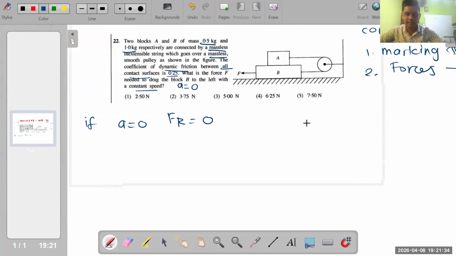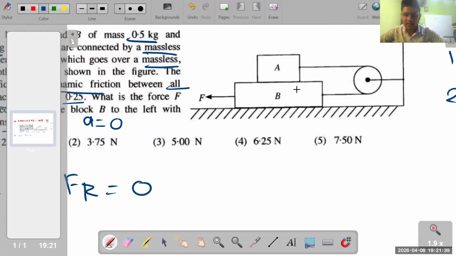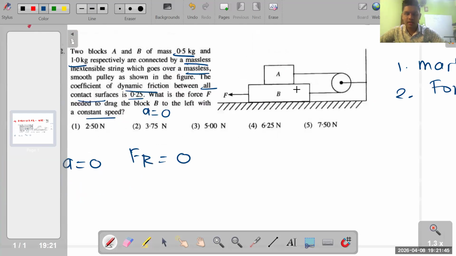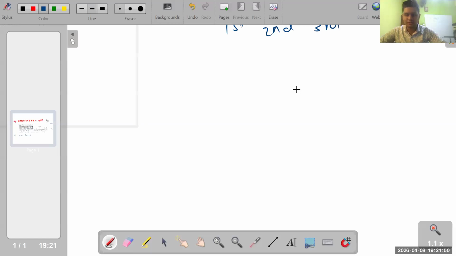How can we apply this? First of all, what shall I do? Rather than marking in the diagram itself, I'll draw it separately and mark it. It will be easy for the students to understand. The diagram looks something like this.